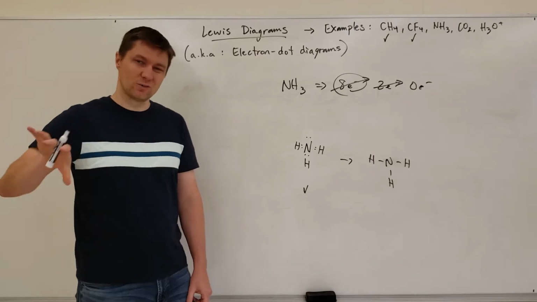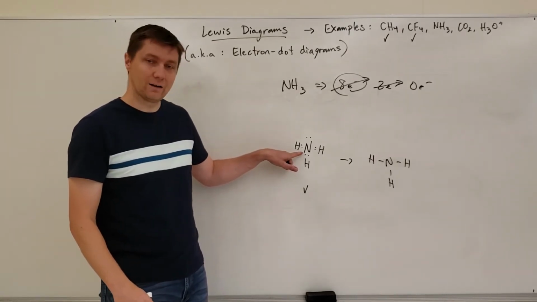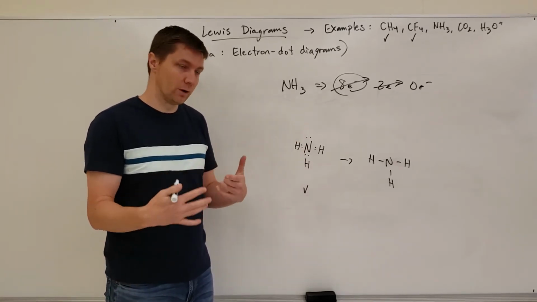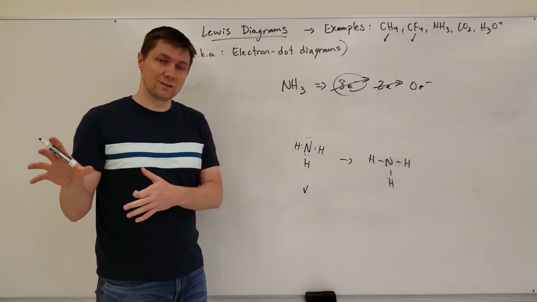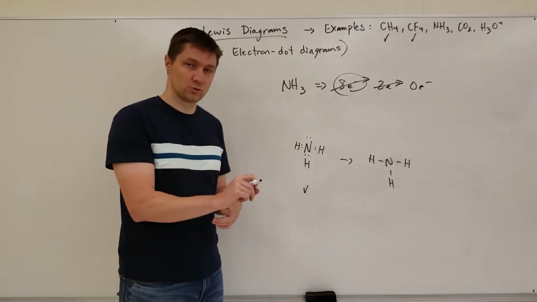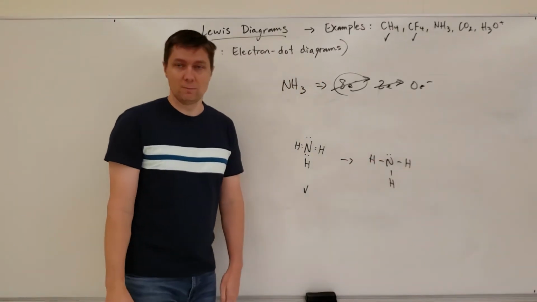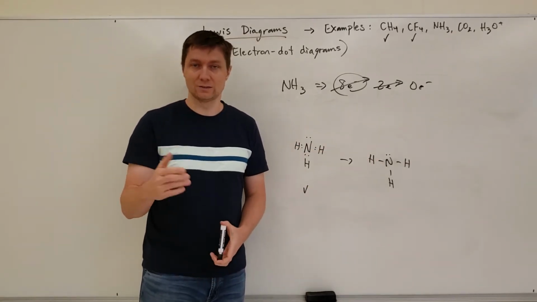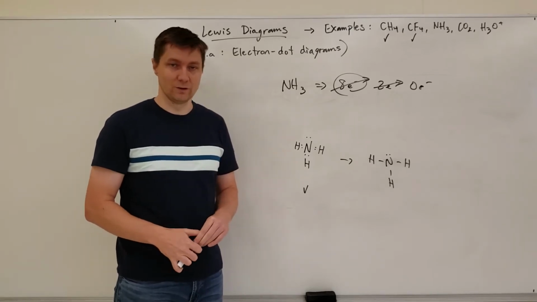Now, one side rule when we're writing structural diagrams is that if a central atom has a lone pair, you can see this lone pair here is not involved in bonding, it's not attached to anything. Any lone pairs that are found on central atoms must be preserved in the structural diagram. So when I draw my structural diagram, I need to make sure that that nitrogen has those 2 electrons in that orbital that's not involved in bonding.